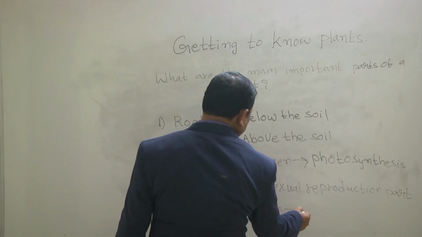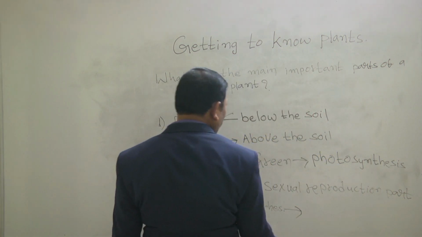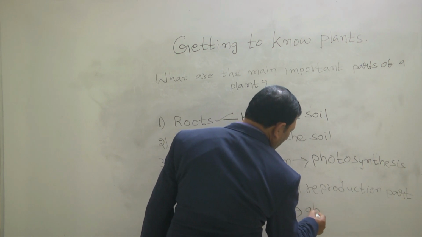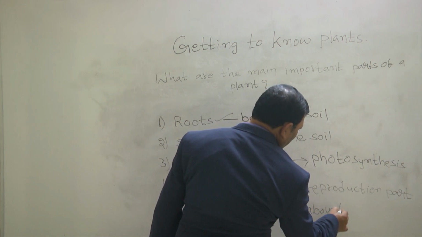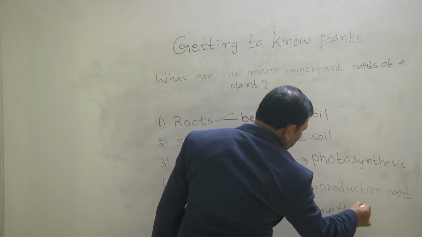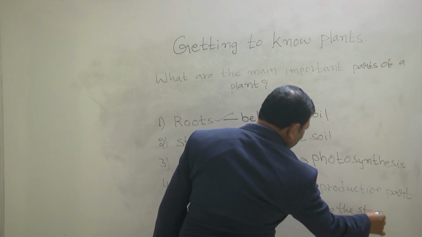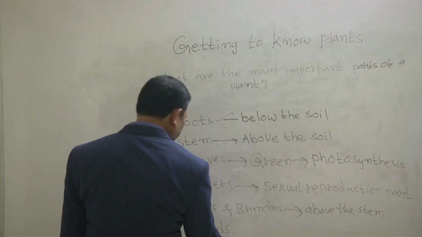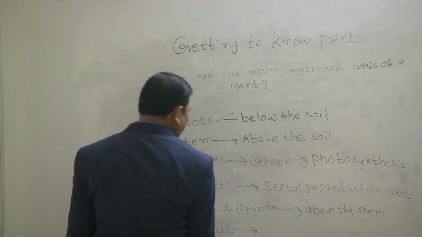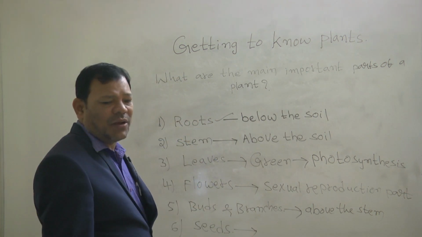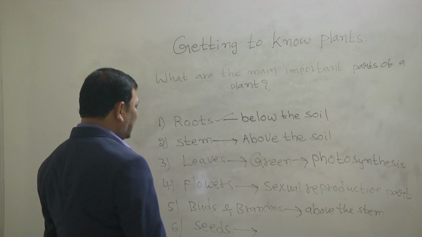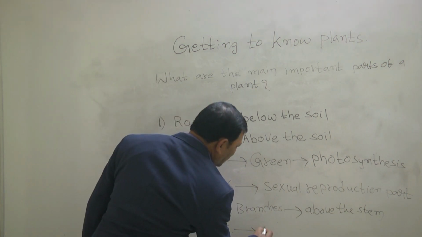Buds and branches, generally we can see above the stem. Seeds are very important in the plant. Seeds give rise to the new plant.